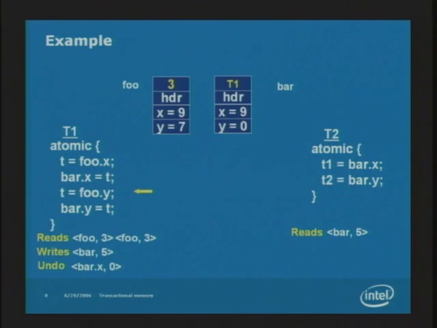Then transaction T1 comes along, again reads the object foo, and again notes the fact that it has read foo with a particular version number. It goes along, does an update into bar, again does an in-place update, and remembers the old value in its log. Now it gets to the end of its transaction.